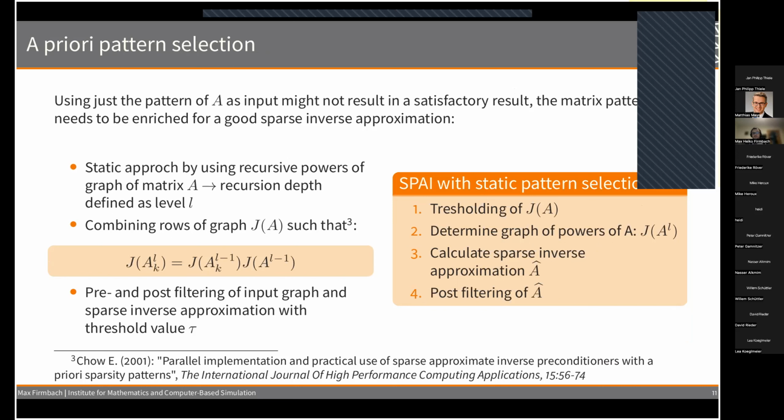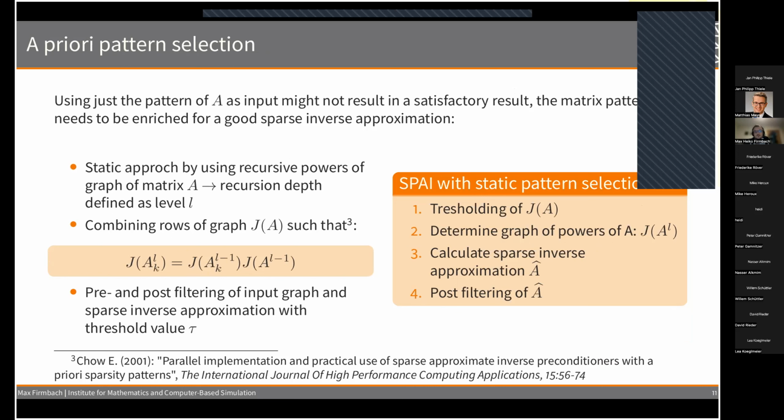So also the choice of the sparsity pattern, of course, has a big influence on the quality of the approximation. And just using the sparsity pattern of our input matrix A that we want to invert is a very trivial choice. In many cases, it's already a good choice, but for us, the results were not very satisfactory.